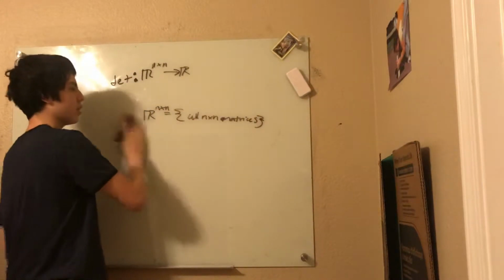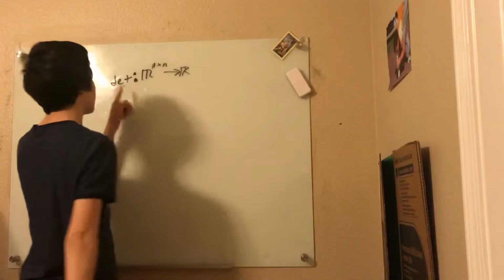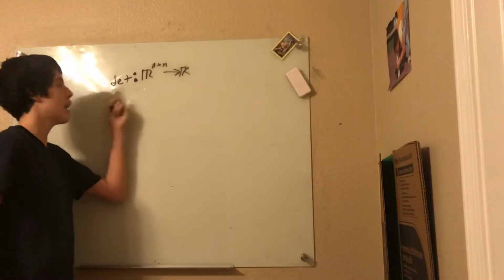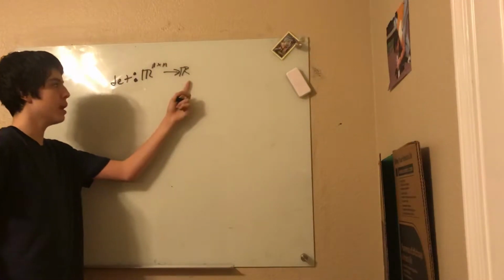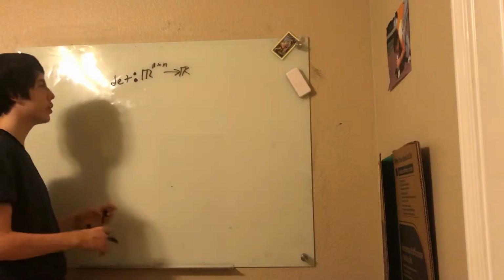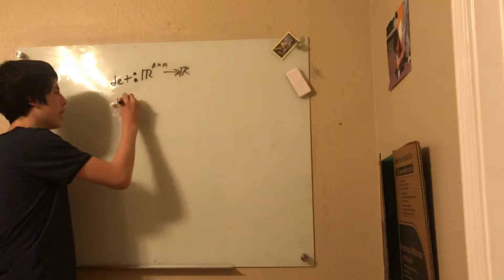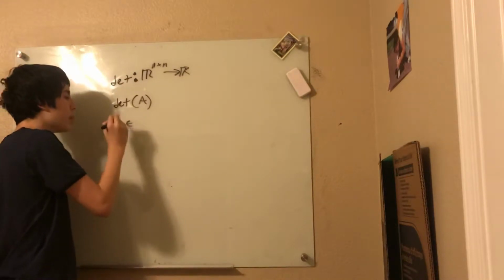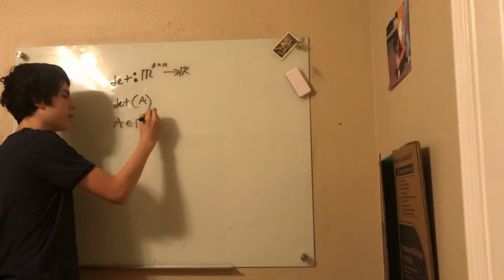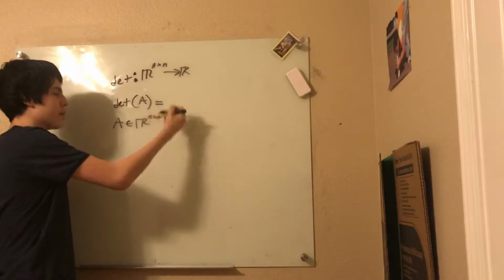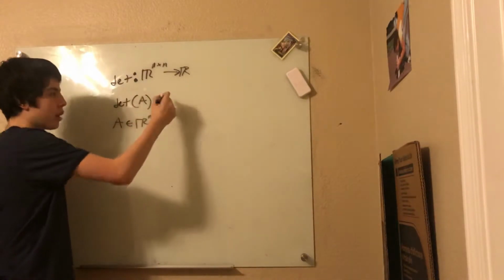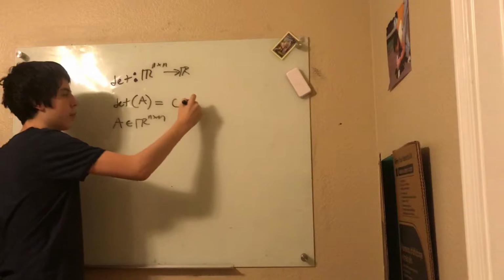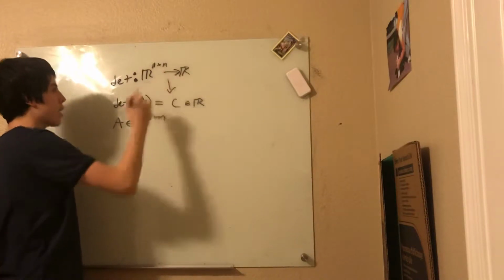So it goes from an n by n matrix to some real number. If we want to calculate it, we find the determinant of A, where A is an element of R^(n times n), and this equals some real number, which we'll call C, an element of R.